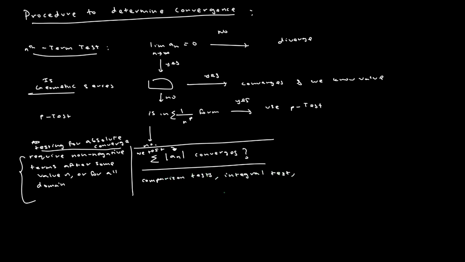We can use the ratio test or the nth root test. So it really depends on the problem itself, because depending on the sequence, some of these tests are easier to apply than the others. But depending on the problem, one of these tests will tell you whether that series is absolutely convergent.